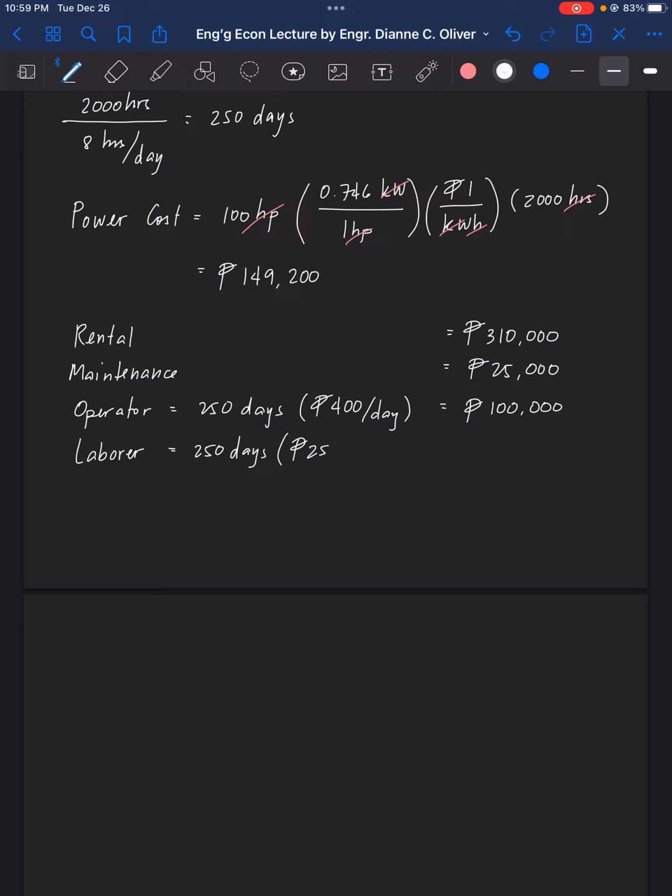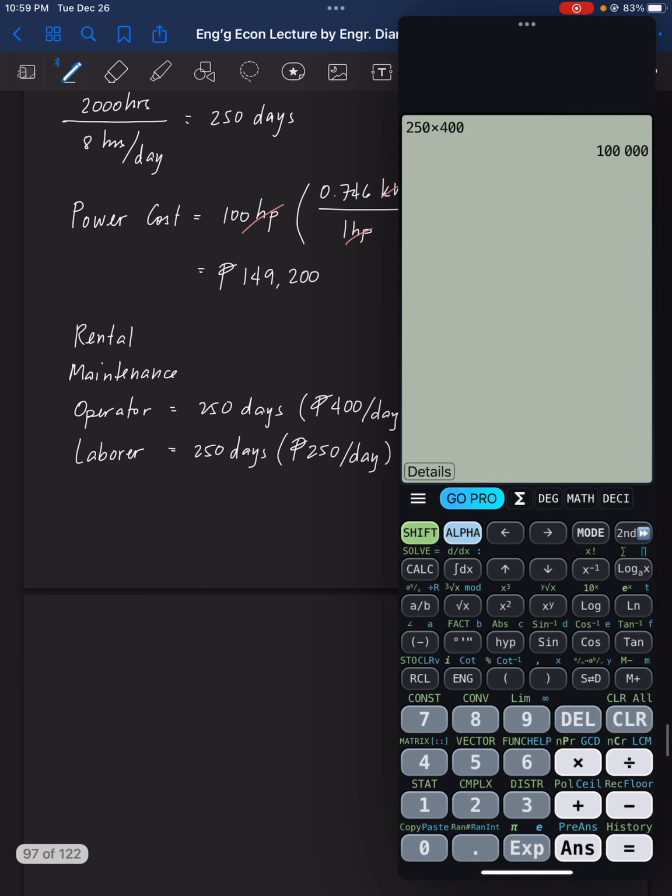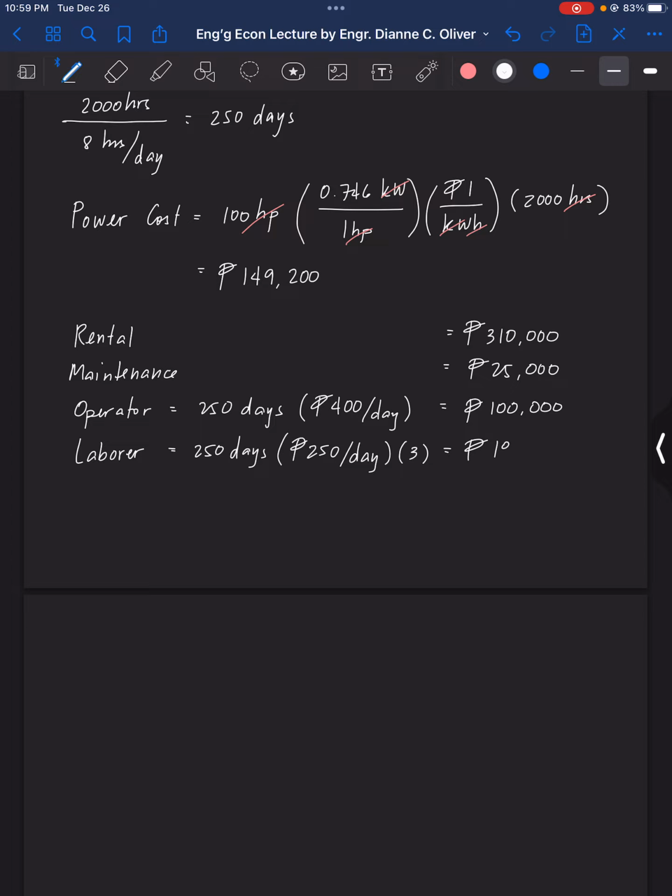The rate is 250 pesos per day, and there are 3 of them. So 187,500.